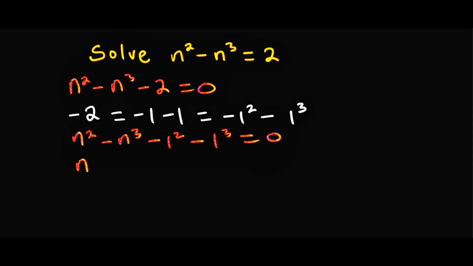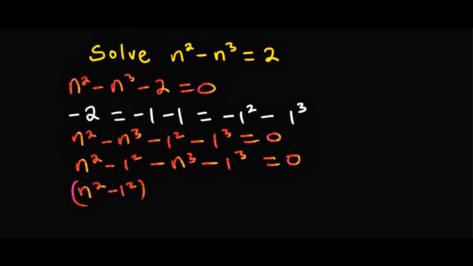Then if we collect the like terms, we're going to have n squared minus 1 squared minus n cubed plus 1 cubed is equal to 0. So if you look at this, we have n squared minus 1 squared, which is a difference of squares. And then we have n cubed plus 1 cubed, which is a sum of cubes.